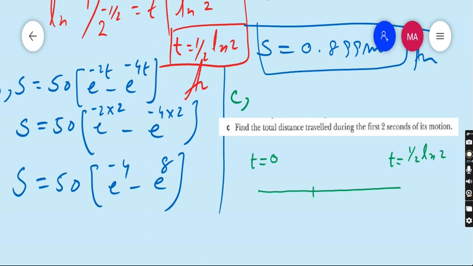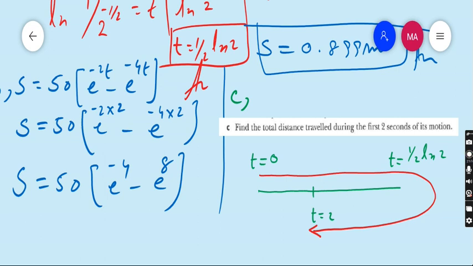At this point T is equals to 2. So we have to find the distance from this point, so at T is equals to 2.